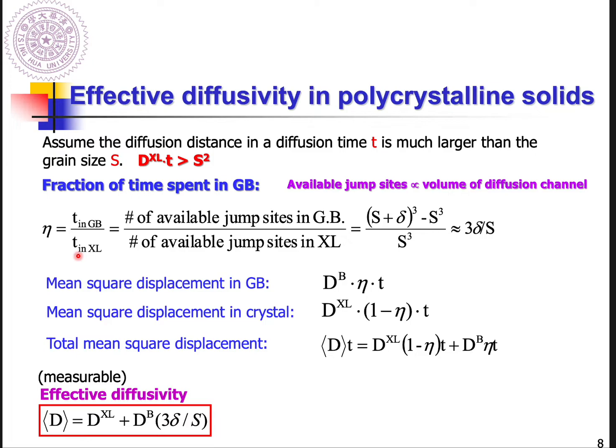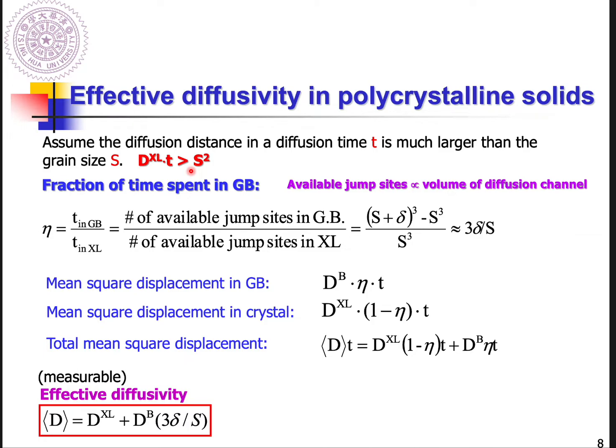As we mentioned, first of all, you need to make a very important assumption: that the diffusion length √(Dt) is larger than s squared, which means the diffusion length is larger than the diameter of a grain.